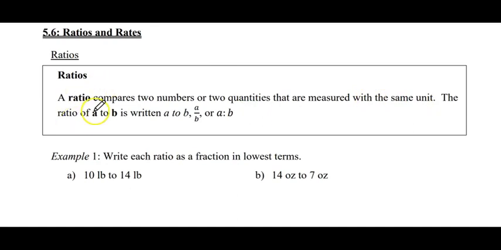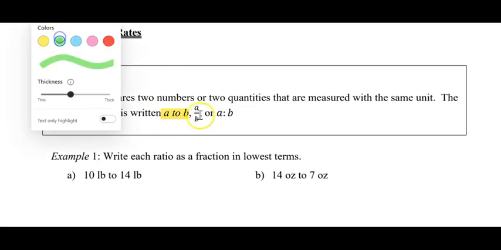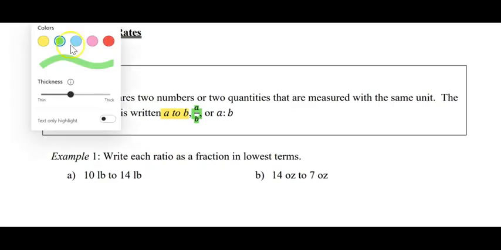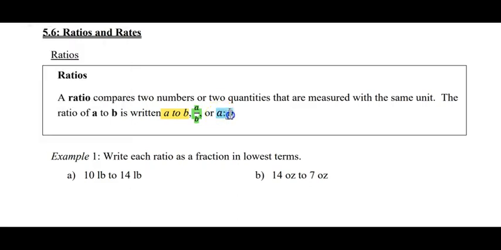The ratio of A to B is written using the words A to B. It could also be written as a fraction A over B, or using a dot notation A double dots B. So all three notations are ratio notation.